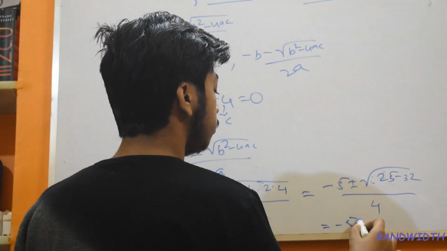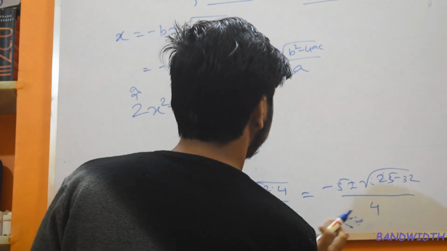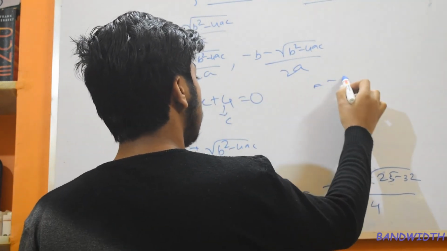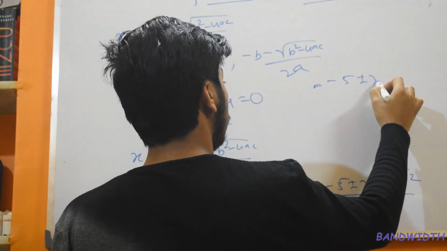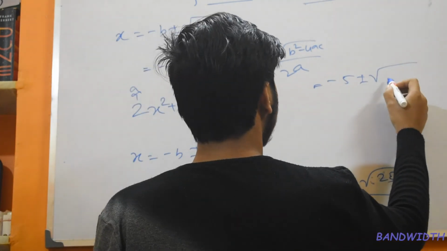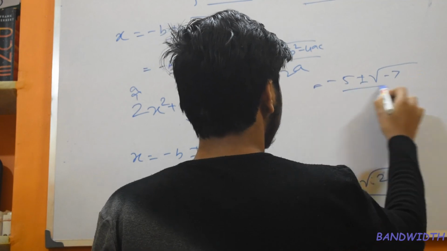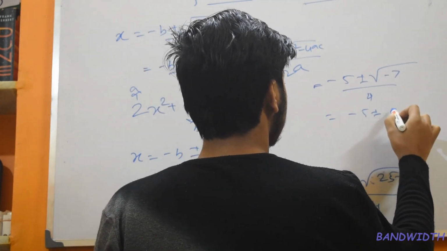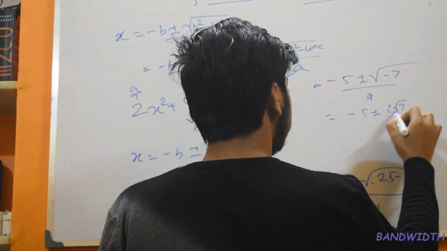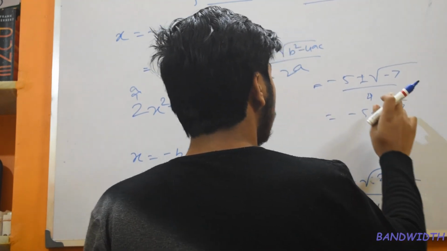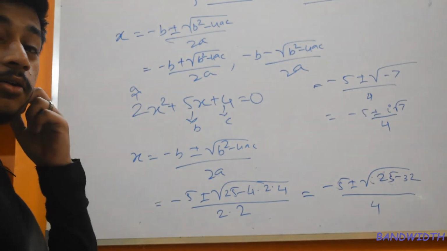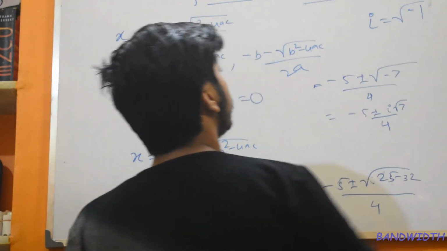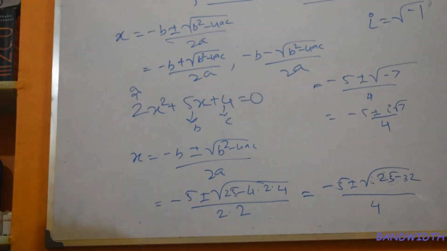Minus 5 plus minus root over minus 7 by 4, that is, minus 5 plus minus i root 7 by 4. Now what is i? You see what is i now?